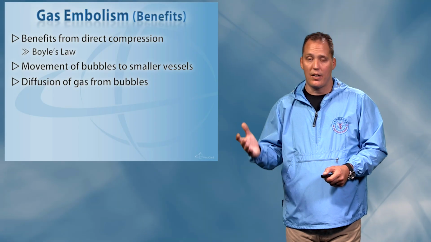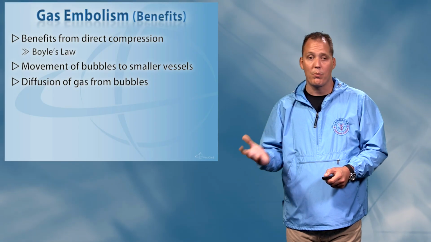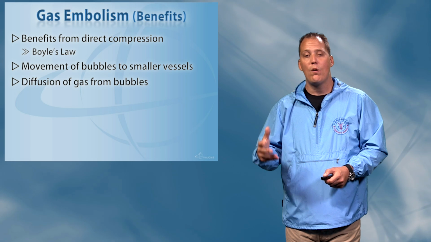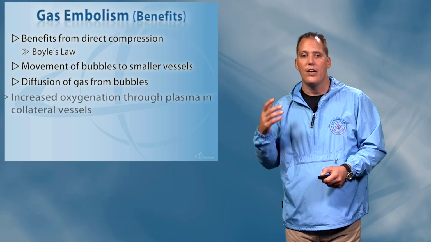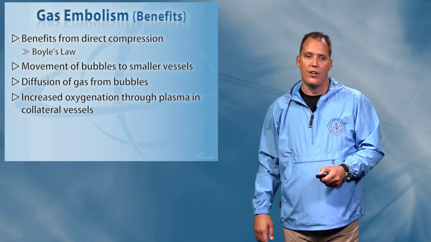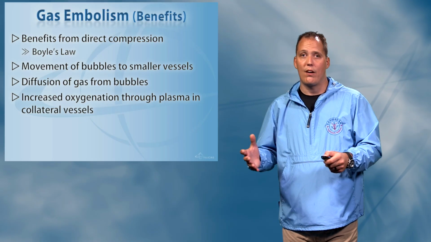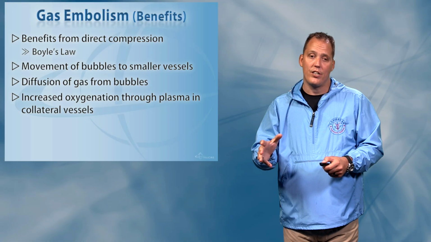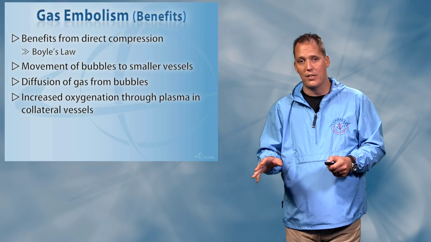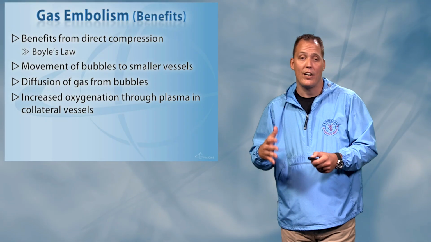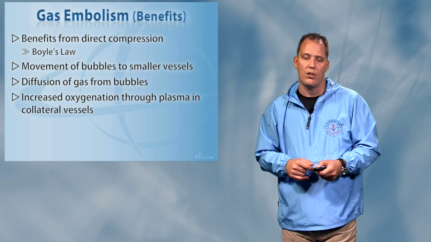You're breathing oxygen. Now this is after your compression at 165 feet. Now you're diffusing that with the use of oxygen. You're getting rid of the nitrogen. And you increase your oxygenation through plasma and collateral vessels by giving them oxygen at 60 feet. It supersaturates the plasma where you don't even need your hemoglobin, which we've talked about in other courses and all my colleagues have.